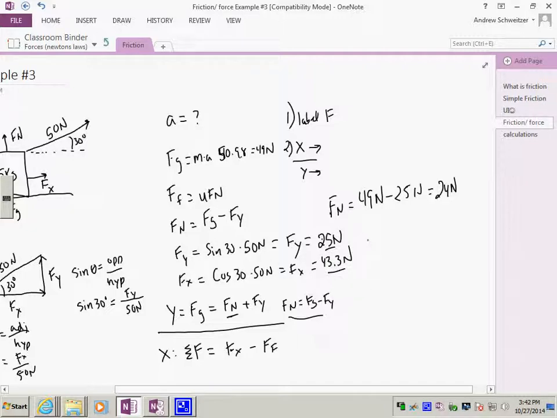So now I want to figure out my x component. My x component is going to be the force in the x direction, which is this guy, 43.3, minus the force of friction. The force of friction is the reason why I needed the 24.